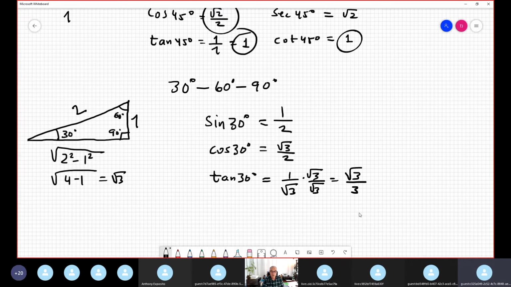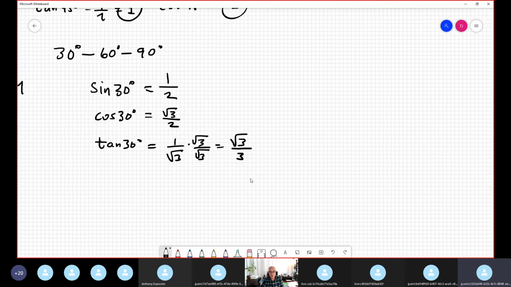Now, cosecant 30 degrees is 2 over 1. Secant 30 degrees is the reciprocal of this, 2 over radical 3. Rationalize, it's 2 radical 3 over 3.